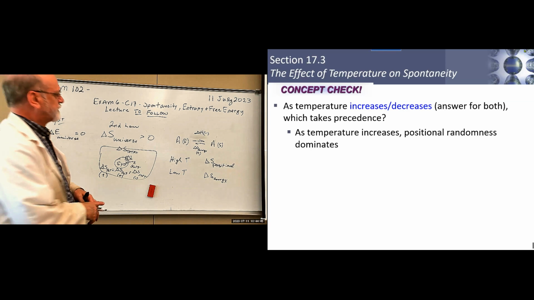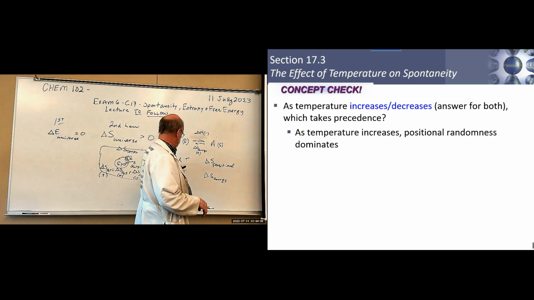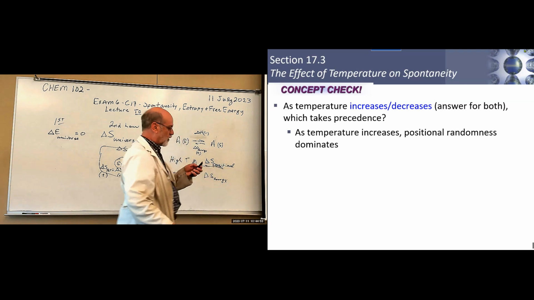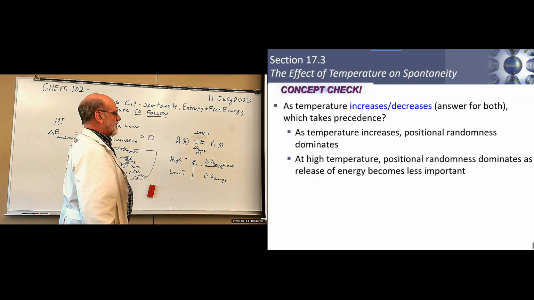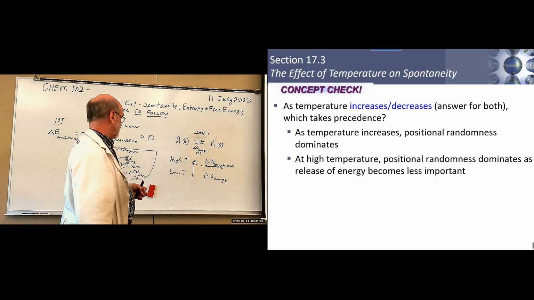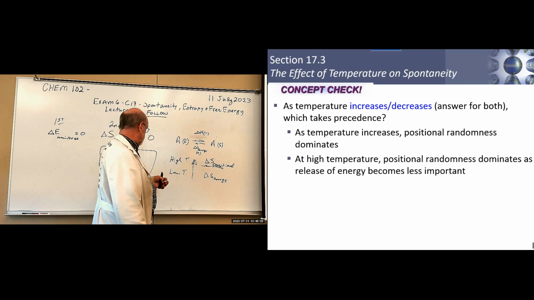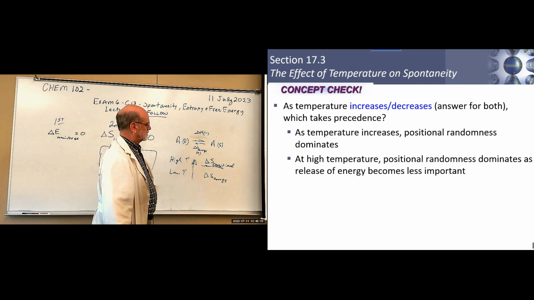So as temperature increases, the positional randomness dominates. We go up in temperature, then the positional randomness is more important, and a release of energy becomes less important. If you release energy from your system, it's no big deal.